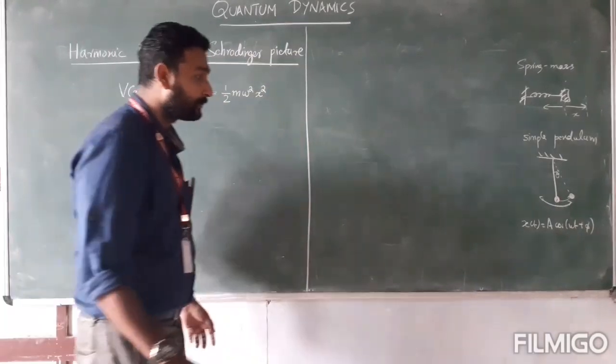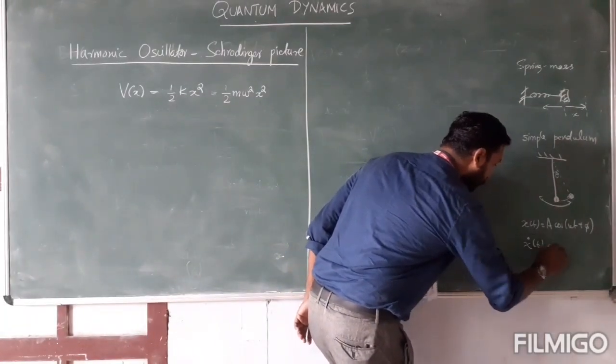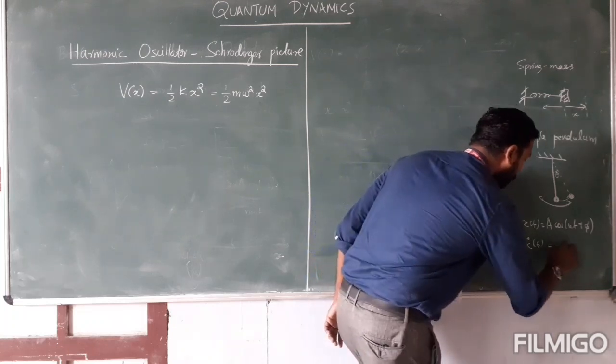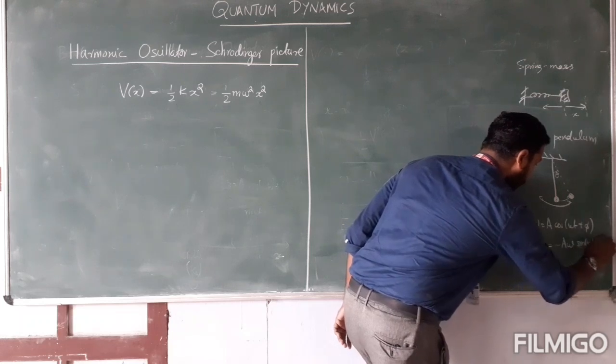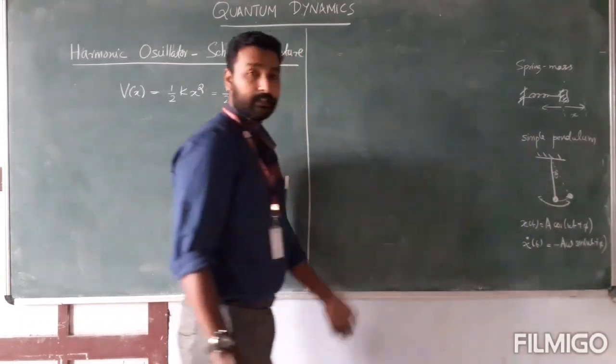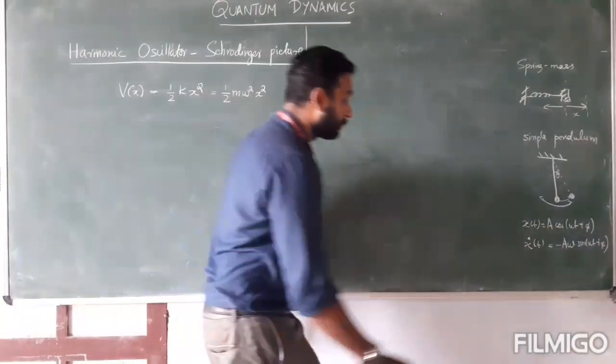So that is about x, and we can find the velocity x dot. The x dot is minus a omega sine of omega t plus phi. That is, if we differentiate x with respect to time, we get the velocity. And what about the acceleration?